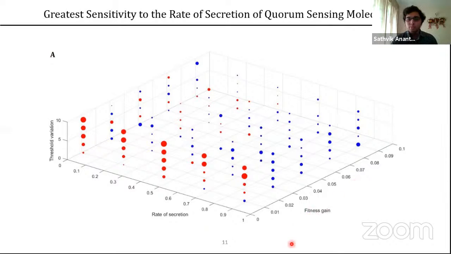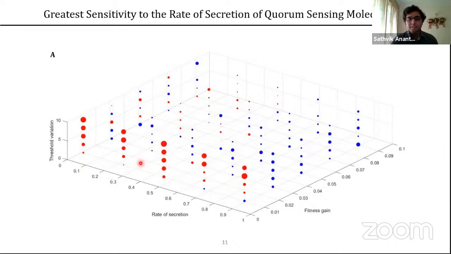The fitness gain, which can be modulated by choosing different genes based on the FBA results, and the threshold, which can be changed by choosing different AHL device pairs based on the library available from the Polizzi lab.